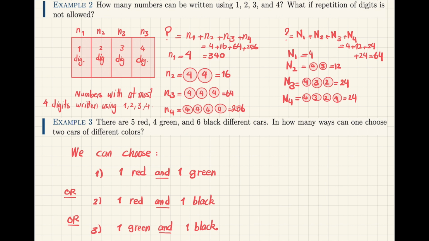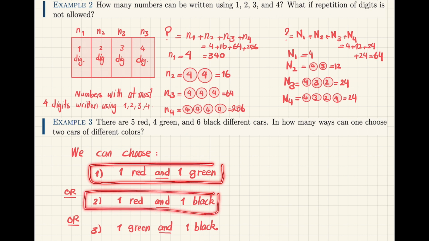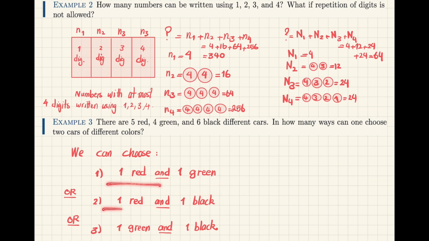These choices are distinct because I cannot simultaneously accomplish this and this. When I accomplish this, it means a red car and a green car is chosen. Simultaneously, I cannot choose a red car and a black car if I want to choose two according to the problem. So I want you to understand these tasks are mutually disjoint. They cannot be done simultaneously.